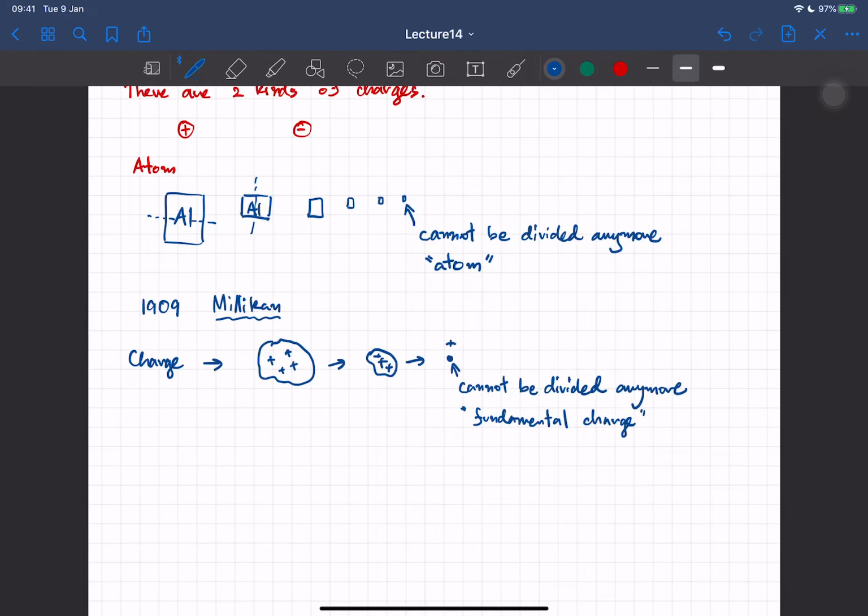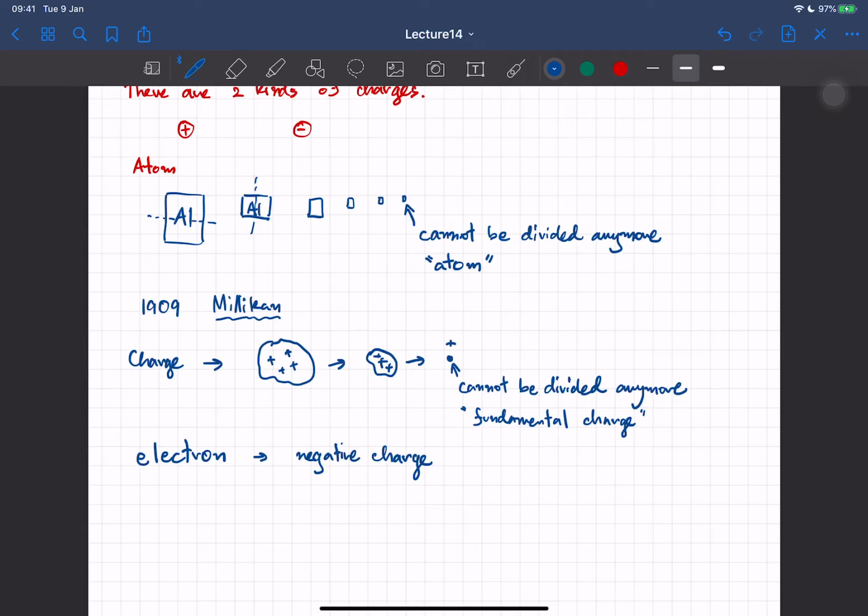And we know nowadays that there are two kinds of fundamental charges. One is negative charge, and that is associated with the particle which is called an electron. And by convention, we call it negative charge. Again, this is kind of arbitrary. You can do physics while calling the electron charge positive, and everything will be the same.